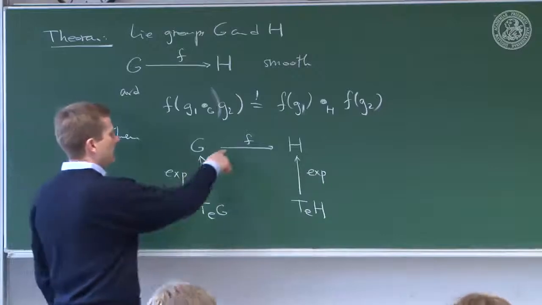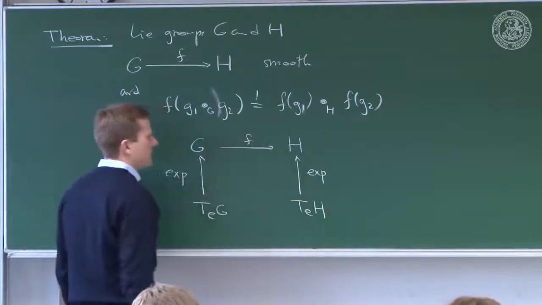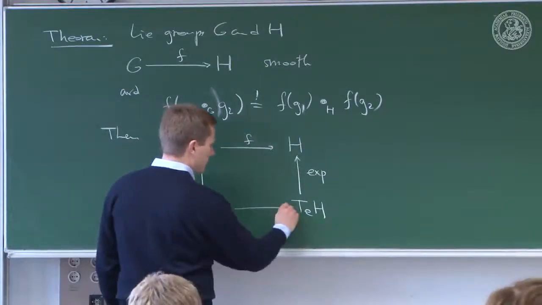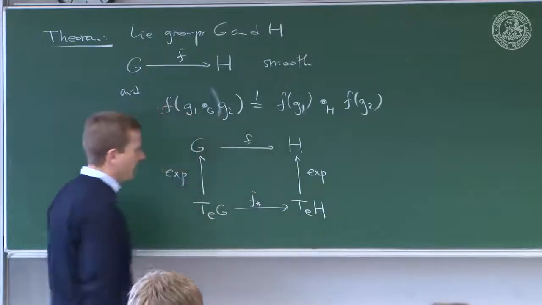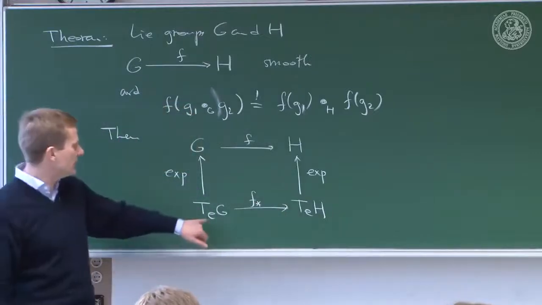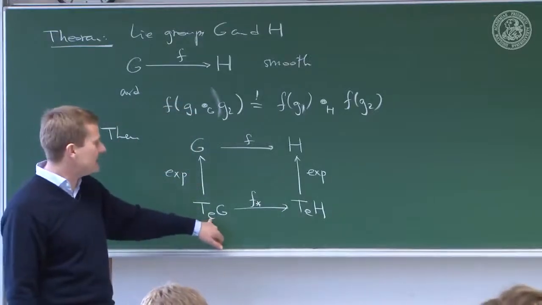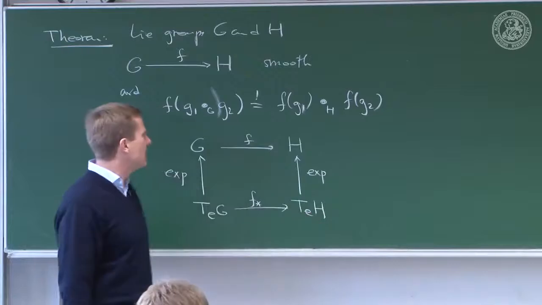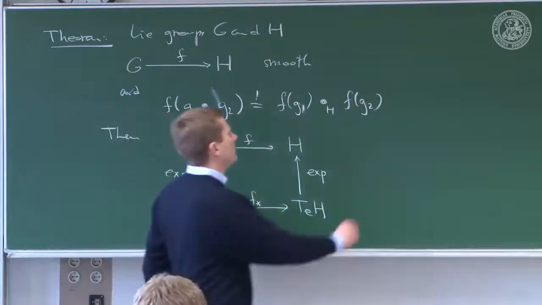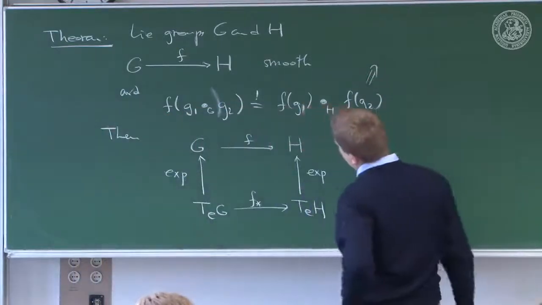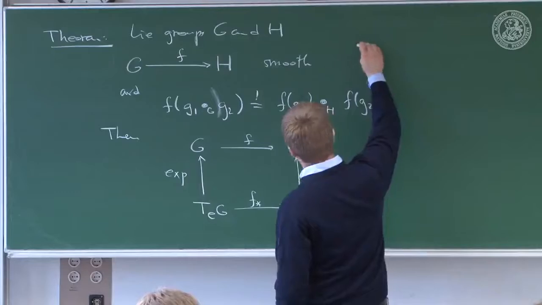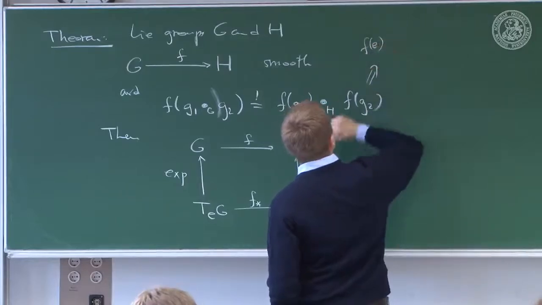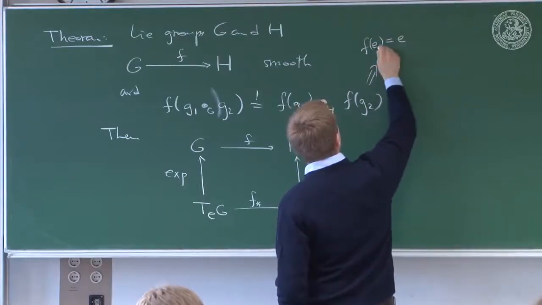And if you have a group homomorphism from G to H, you can check that the push forward that's associated with it really takes you from TEG to TEH, and that is because a particular implication of having a group homomorphism is that F takes the identity and maps it to the identity.